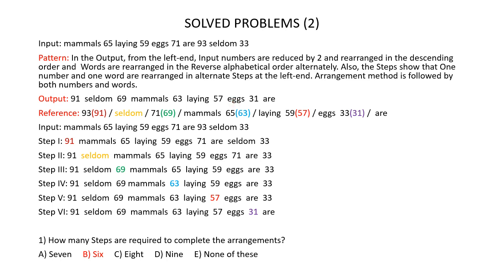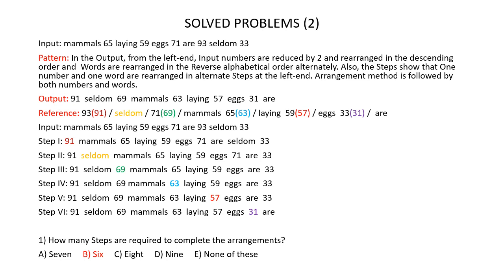Now in the final output, we have to rearrange these numbers and words alternately. So the final output is 91 seldom, 69 mammals, 63 laying, 57 eggs, 31 are. So this is the final output for this given input.